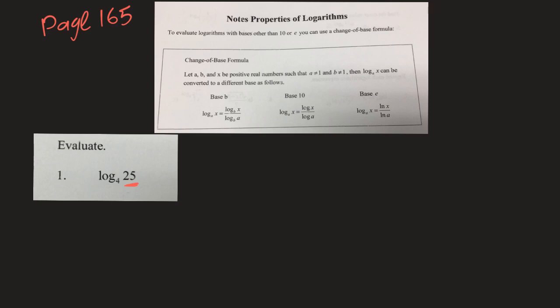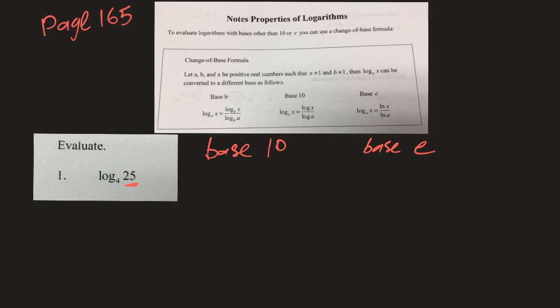Most commonly, your calculators used to work in two different modes, which was base 10, or natural log, which is base e. Now remember, e is just a constant, not any kind of variable.